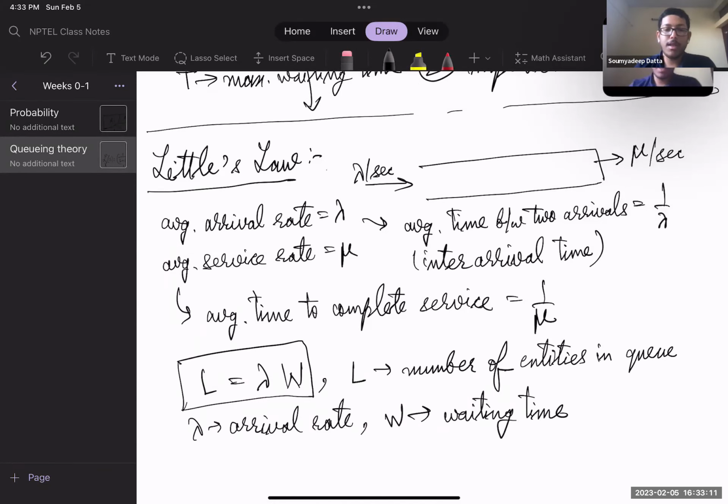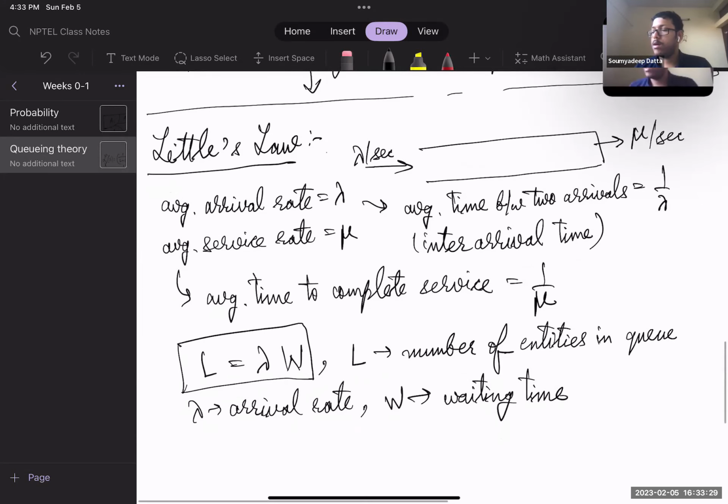This applies to any distribution, any queue. It is a very general, powerful theorem that you can use for anything. It doesn't matter whether the incoming or outgoing distribution is exponential or Gaussian. It is not dependent on that. It generally holds for any kind of system.